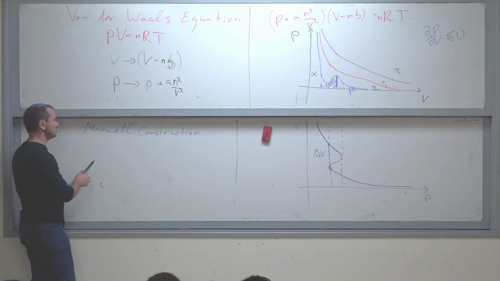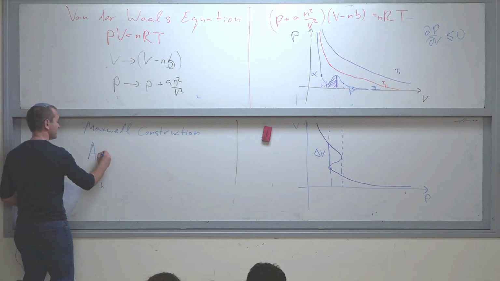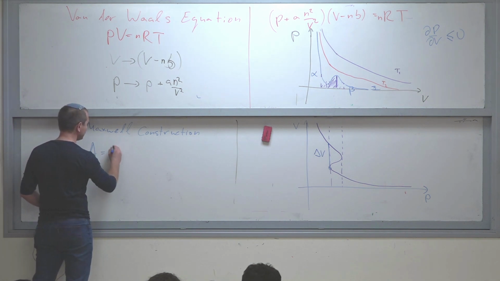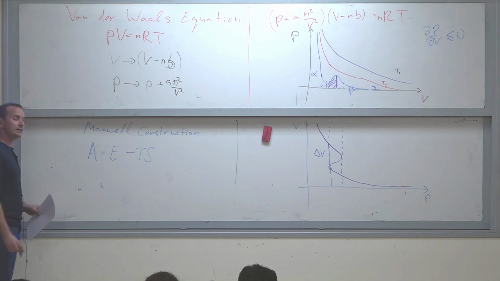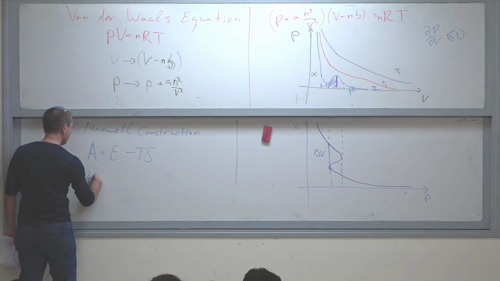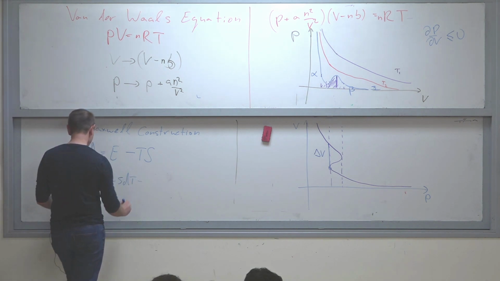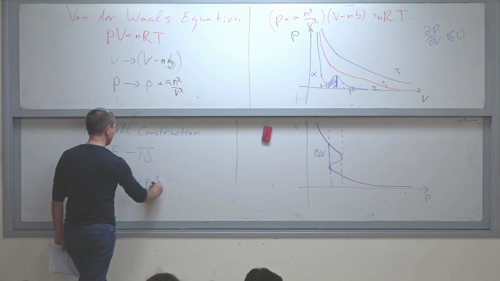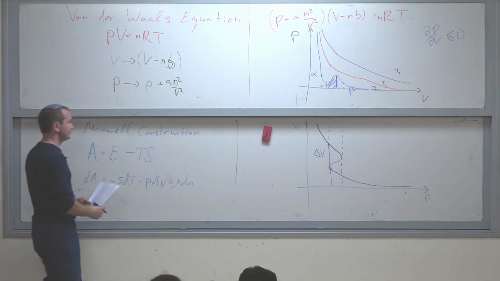Okay, so what is the Maxwell construction? The Maxwell construction uses the Helmholtz free energy. To remind you, the Helmholtz free energy is the energy minus TS. The differential of the Helmholtz free energy, dA, is minus S dT minus P dV plus μ dN.